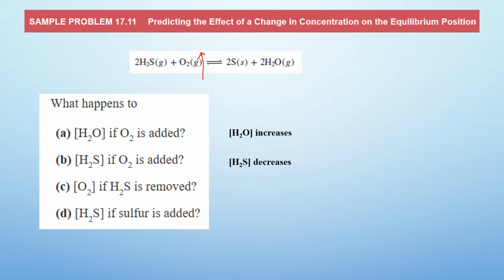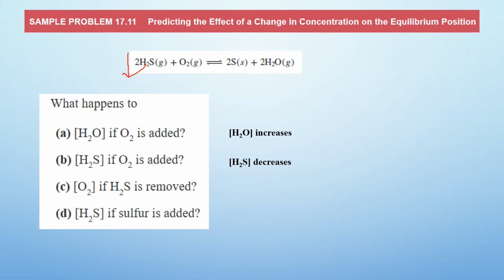For C, it asks what happens to the concentration of oxygen if hydrogen sulfide is removed. We want to see that if the concentration of hydrogen sulfide goes down to zero, what happens to the concentration of oxygen? Because of the decrease of hydrogen sulfide, the net reaction will generate some of it, because it goes against the change.